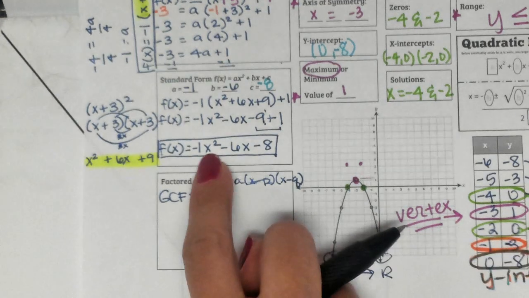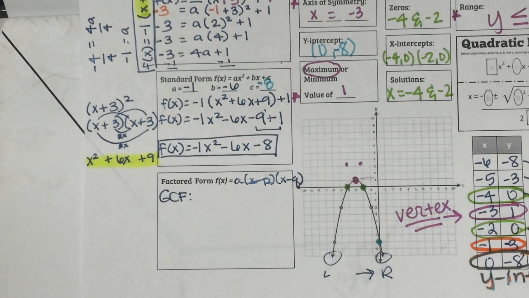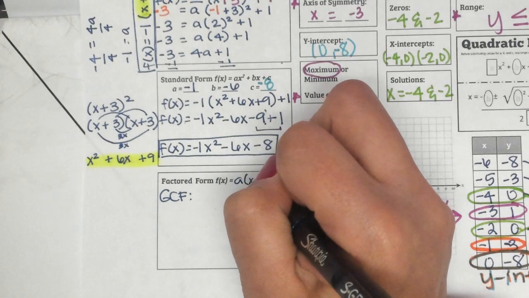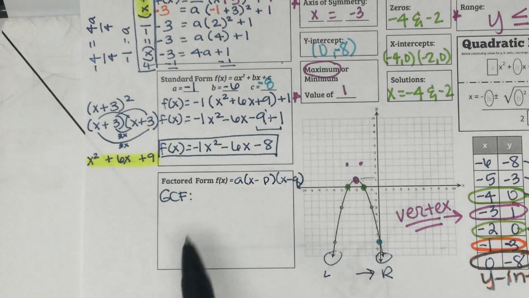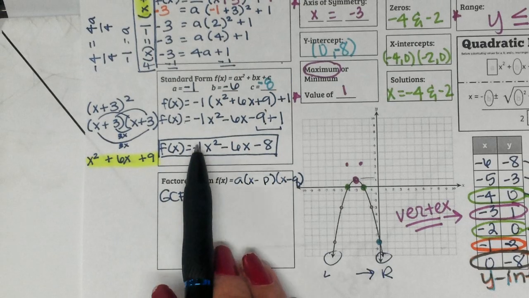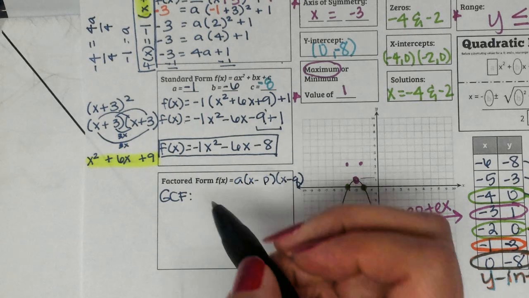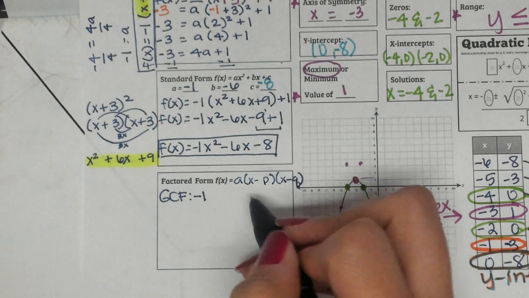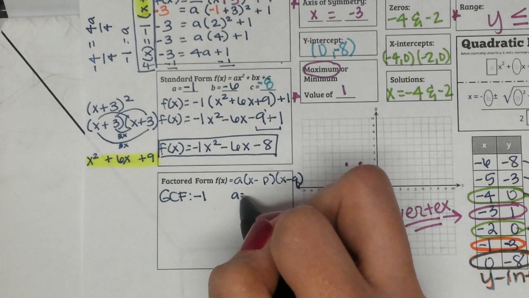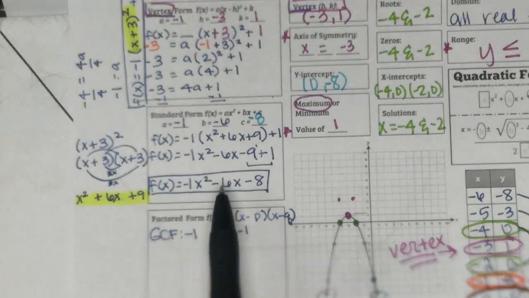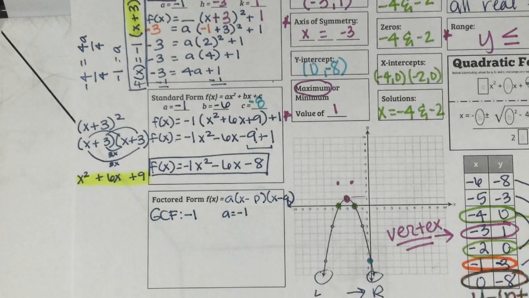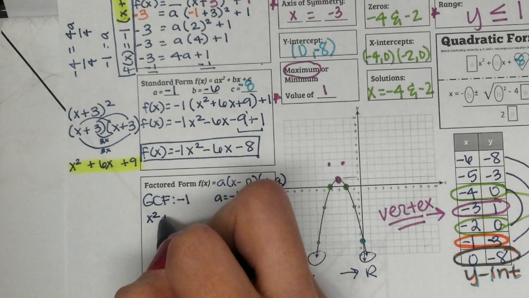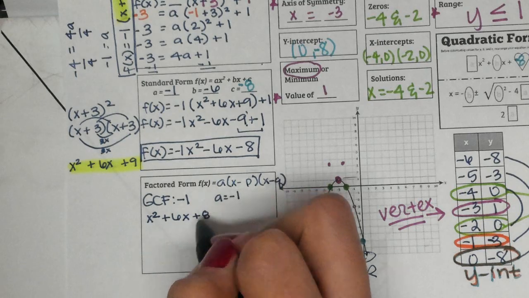My x squared term, just like any other time we do standard, sorry, that's smudged, it's going to bug me. My x squared term, or my a term, cannot be negative. So we're going to factor out a -1. That means my a is going to equal -1, which again, we've already seen that consistency in the last two forms. So if I factor out a -1, that leaves me with x squared plus 6x plus 8.